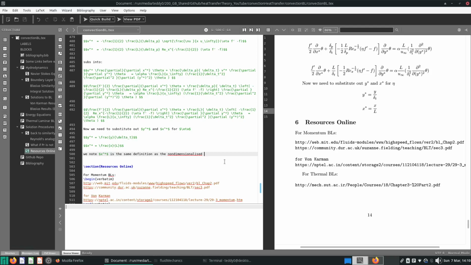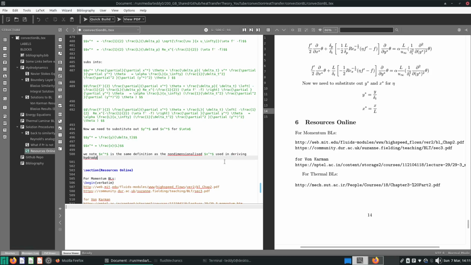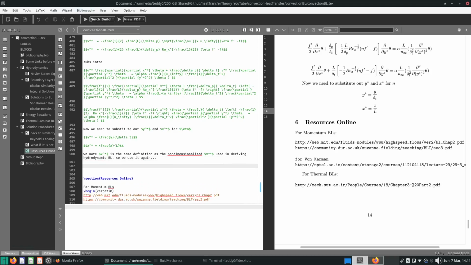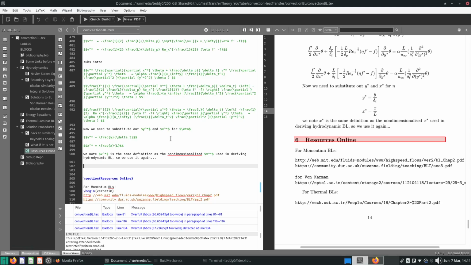So we know x star is the same definition as the non-dimensionalized x star used in deriving the hydrodynamic boundary layer. So we use it again.